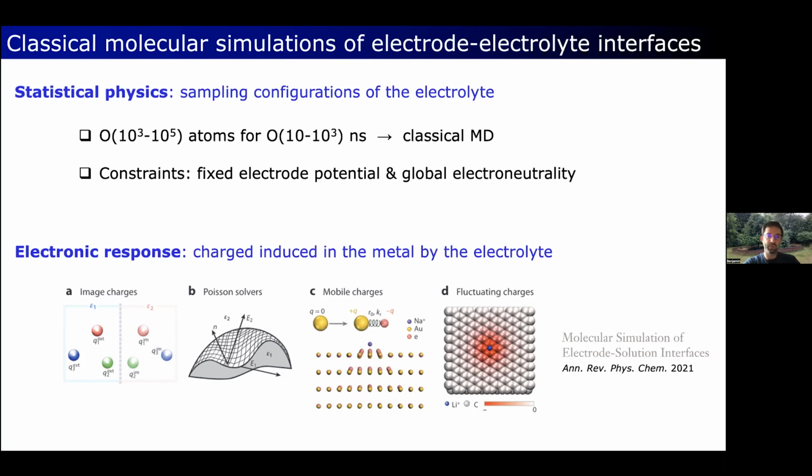But you also want to describe a metallic surface which may accumulate charge due to the presence of voltage and of the electrolyte. So what is actually fixed is not the total charge of the electrode, but rather the potential of the electrode. And even though it's quite subtle, you also need to impose the constraint of global electroneutrality.